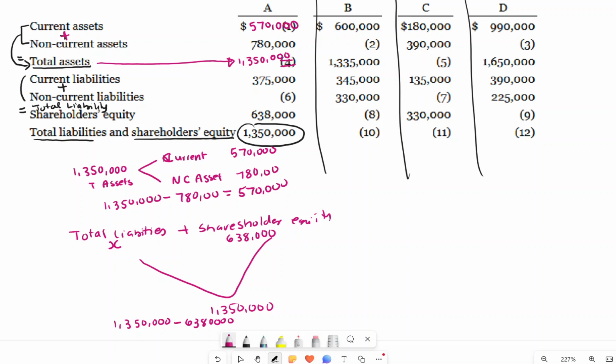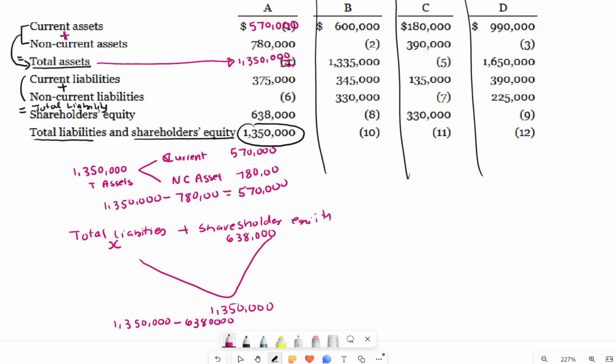Sorry, I'm trying to look for my calculator. I'm just going to use my phone for my calculator. You're not allowed to use a phone for the test. However, you can use the phone when you're working out these questions.